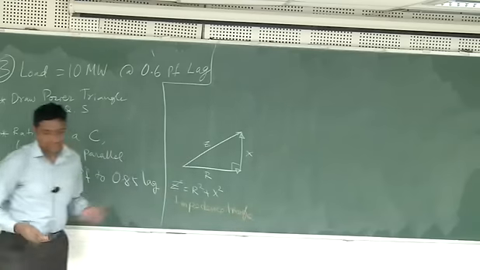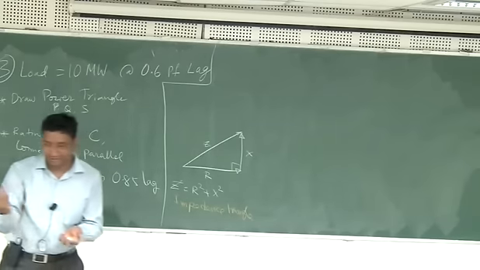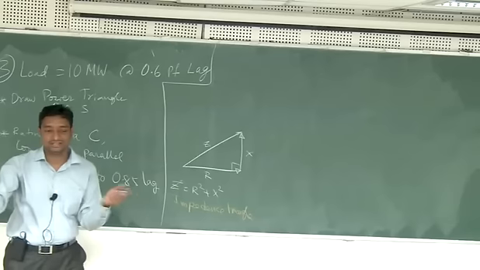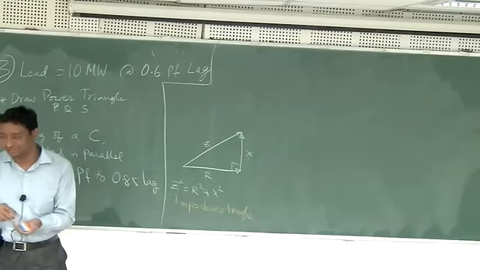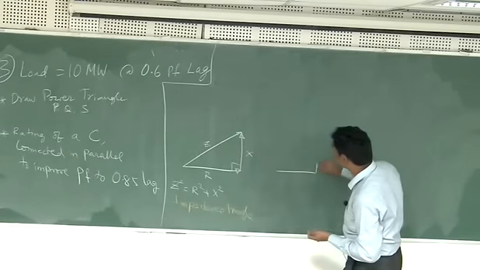R and X are in series, so the same current is flowing in R and also in X. So I can multiply R with I and X also with I. It will be the same triangle, just scaled.